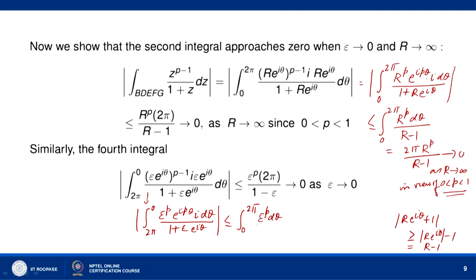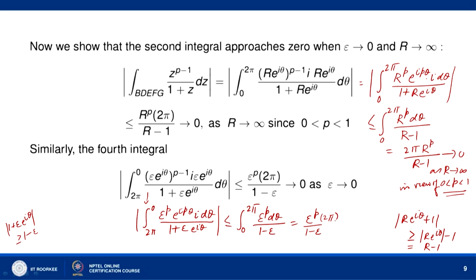So, this is dθ divided by 1 plus epsilon e^(iθ). When we take the modulus of this, since epsilon is very small, let us say this is greater than or equal to 1 minus epsilon. Okay. Instead of writing epsilon minus 1, we will write 1 minus epsilon, because epsilon is tending to 0. So, epsilon to the power p divided by 1 minus epsilon into 2 pi.